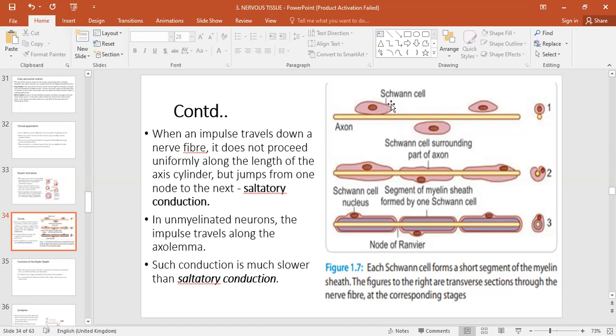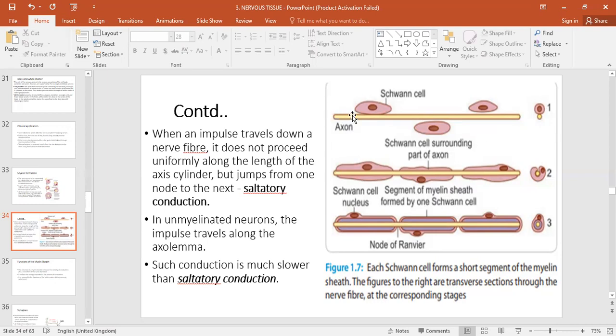So if it was a small one, it will remain plain like that, meaning the whole axon should participate in electrical conduction. Electrical conduction begins here, so it has to travel all the way on the cell membrane and reach there. That is for small axons, traveling all the way. But for these large axons, only here. So impulse will jump from here to there, there, there, faster.